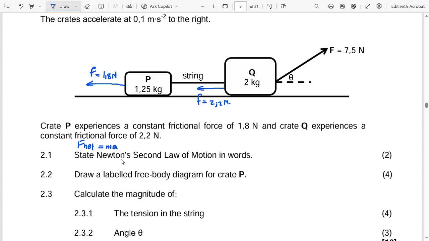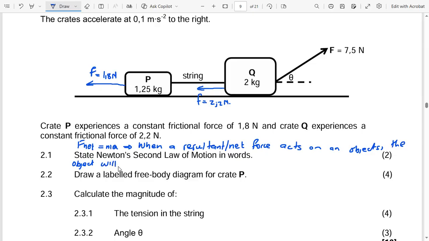It says that when a resultant or net force acts on an object, the object will accelerate in the direction of the force.